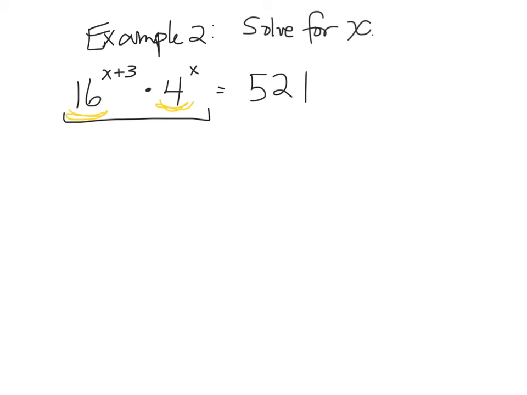So we get 4 to the second power raised to the x plus 3 times 4 to the x. So now if we take a power to a power, so this 2 raised to that, we multiply.